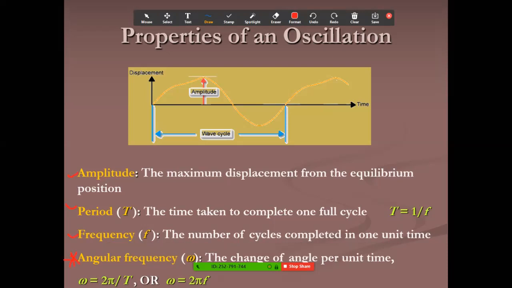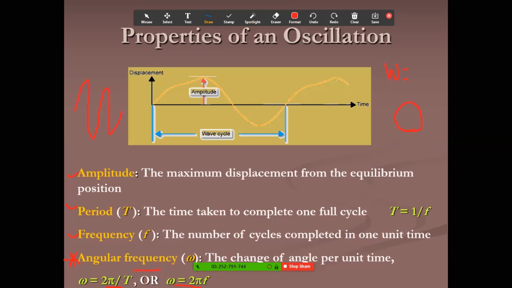It is similar to angular velocity, omega, in your circular motion last time. The formula is the same, with a slight difference. Angular frequency is only applicable for oscillation. Frequency is how frequently you come back to the origin.